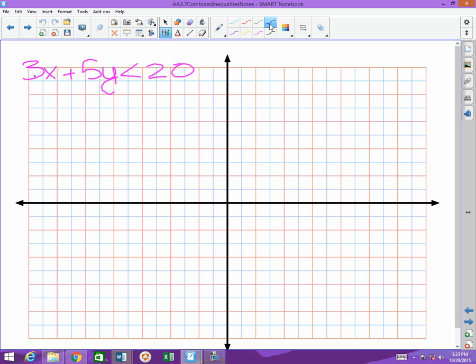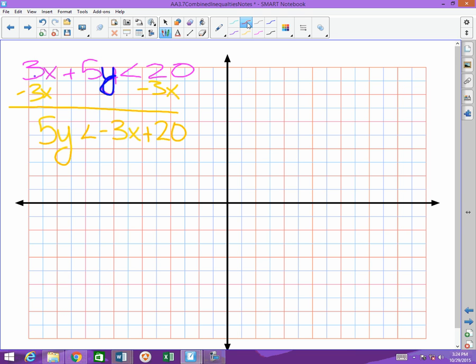In order to graph anything, whether it has a less than, greater than or equal to, less than or equal to, or even just an equal sign, you always have to solve for y first. So if we're going to get y by itself, we would subtract 3x, and then you have 5y is less than negative 3x plus 20.